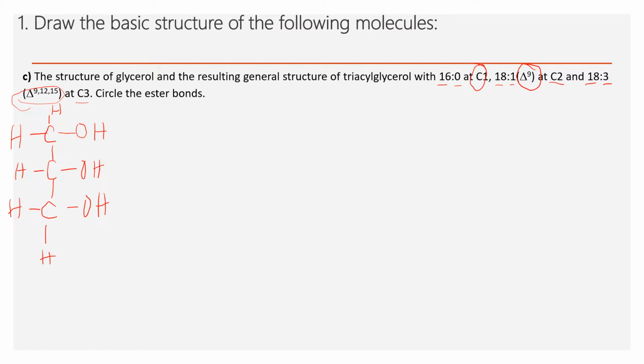So what is a triacylglycerol? That's what you're supposed to be drawing. That's super easy. That just means that you have a glycerol molecule with 3 fatty acid tails attached. And all of this information, like what's going on at carbon 1, carbon 2, and carbon 3, is actually talking about glycerol's carbons. So this would be carbon 1, 2, and 3.